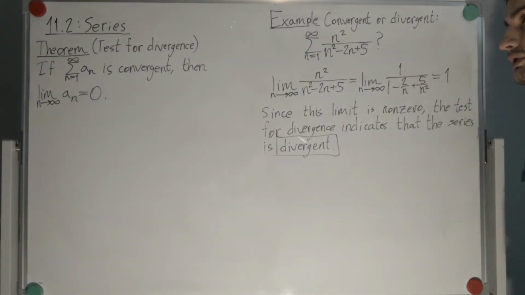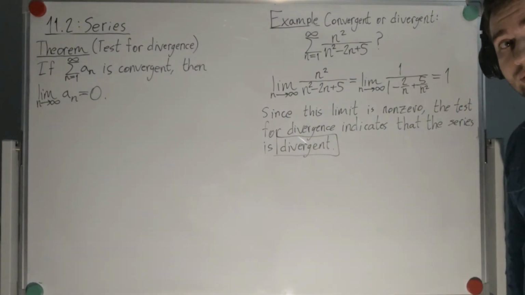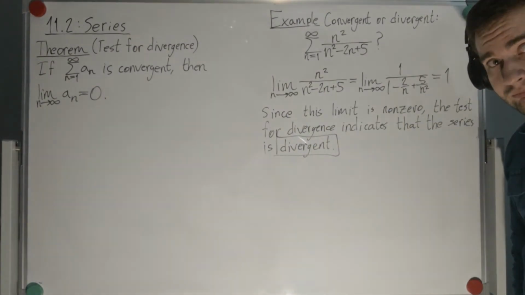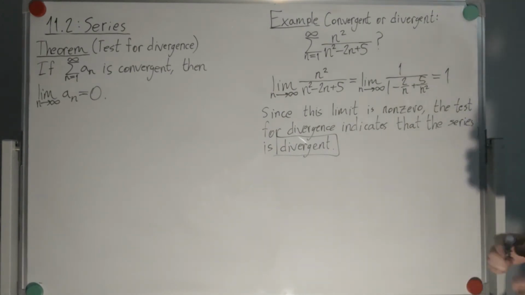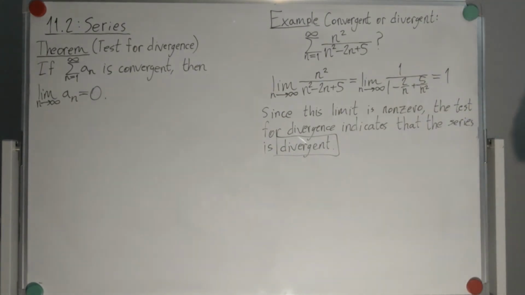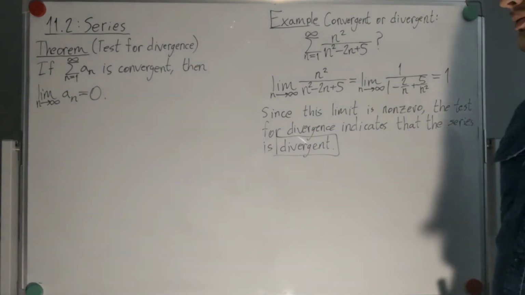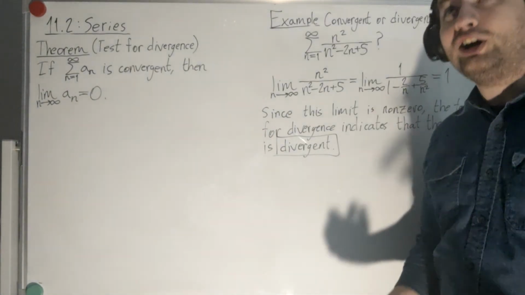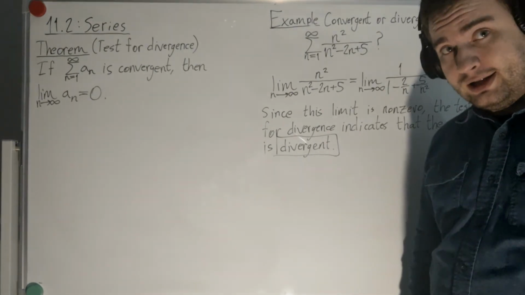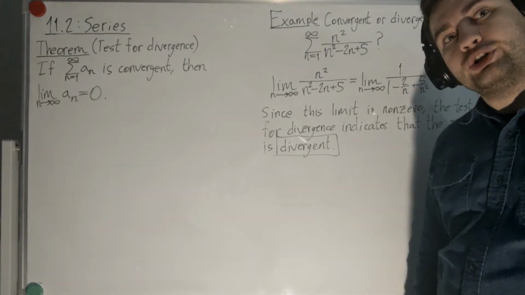In fact, according to the test for divergence, it's not approaching any finite number. Okay? So test for divergence, we can use it by saying, all right, well, if this thing were to be convergent, then the limit of its terms would have been 0. It's not? Oh, well then in that case it's divergent.